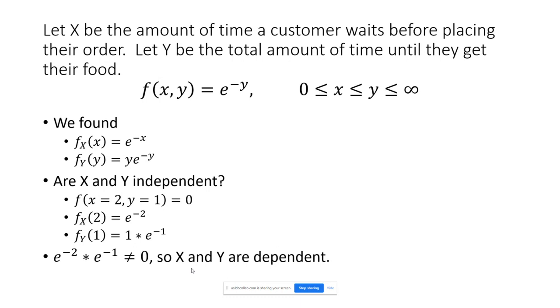Like in this case, it's pretty obvious that when you multiply these, you're not going to always get e to the negative y. But if you have a more complicated joint density function, it can be hard to see whether there's some fancy algebraic way that I could make these two things equal. If you look at specific numbers, then you can actually compute both sides and show that they're different.